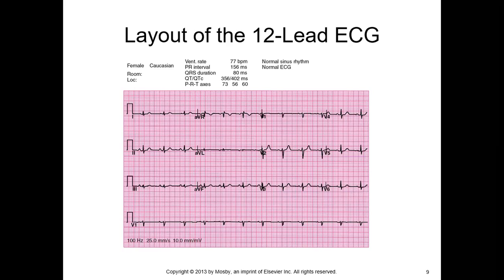So at least one continuous strip is usually included at the bottom of the tracing. Because the leads are obtained at the same time, only 10 seconds of sampling time is required to record all 12 leads.